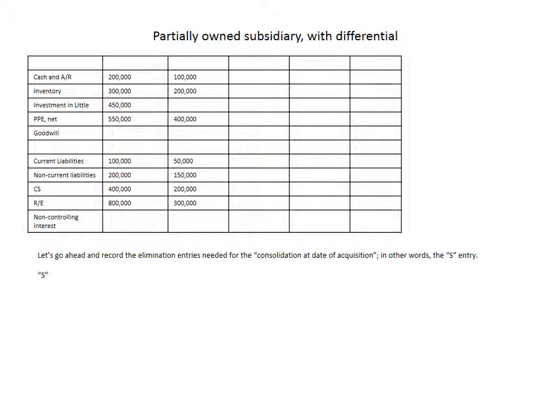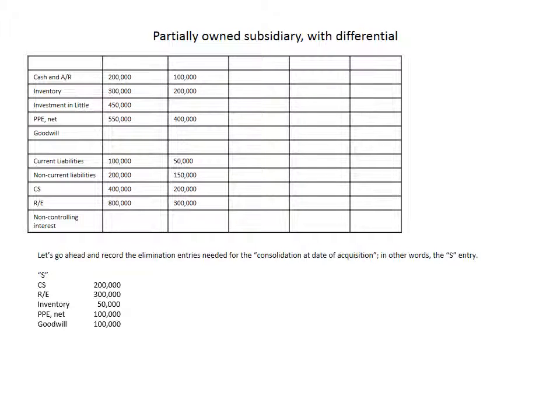So what do we do in the S entry? We eliminate the subsidiary's beginning of year equity accounts, so we debit common stock and retained earnings for their beginning of year balances. We record the various differential asset values. We're going to add $50,000 to inventory, we're going to add $100,000 to property, plant, and equipment because they're both undervalued, and we're going to go ahead and record $100,000 of goodwill. Those 5 debits combined add up to $750,000.